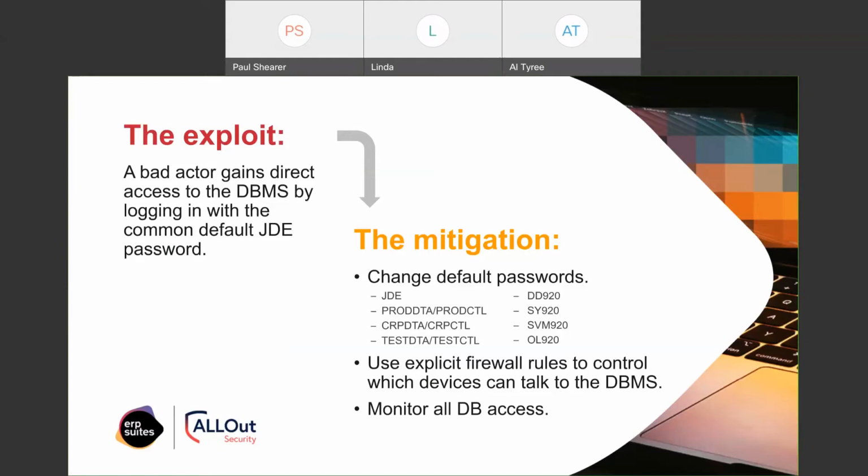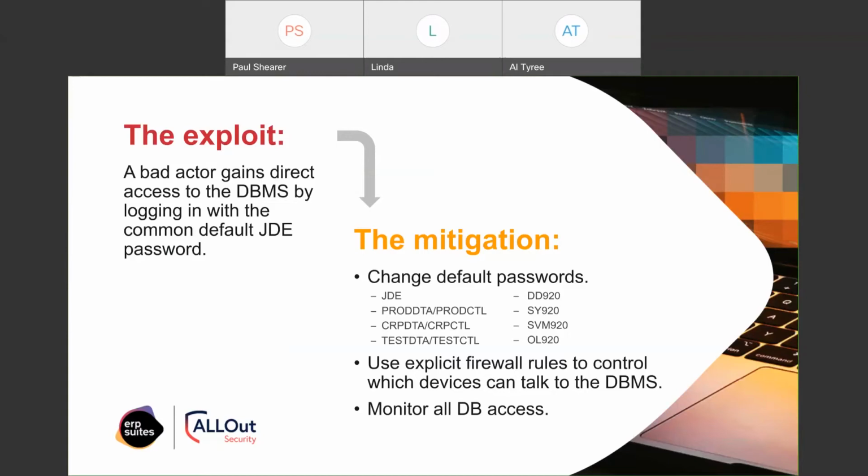Because if somebody does have access to your infrastructure, they were able to find one box maybe that didn't get patched. They used that to get in, and then from that box, they see your database, and they're able to log into the database using one of those known credentials.